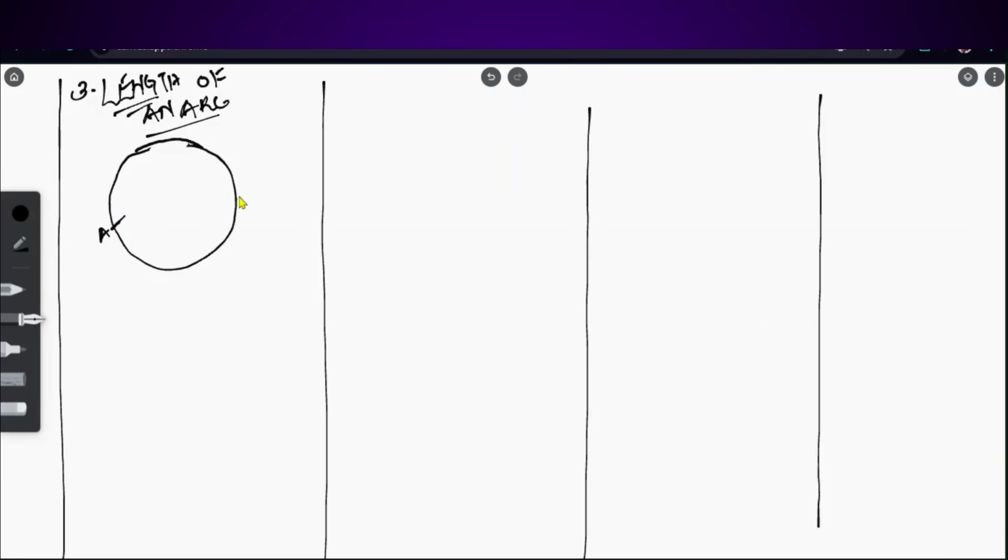Maybe I call this one A, and I cut this part B. I'll end up having part, maybe this one is C, and this one I call D. If I cut here, and I cut point B, I'll end up having something like this, where you have your C here, and you have your A here, and you have your B here, and even the other side, you have it. Maybe this one is our A, this one is my D, and this one is my B.